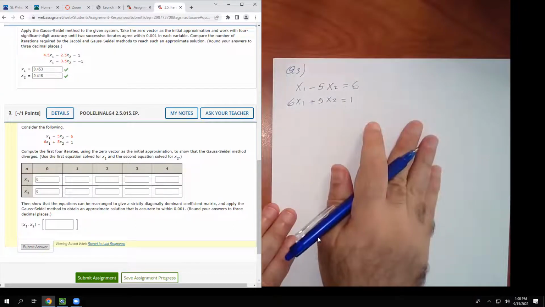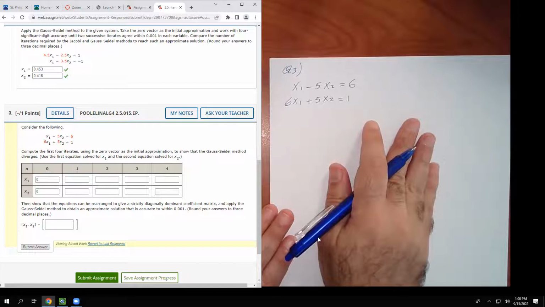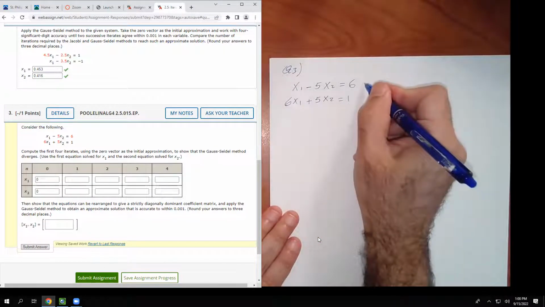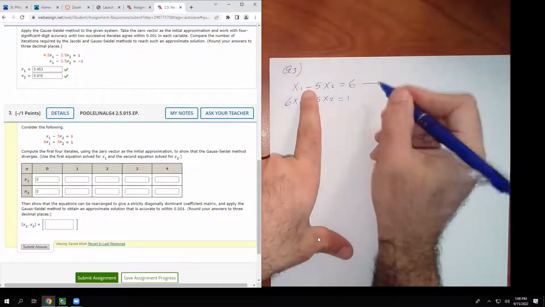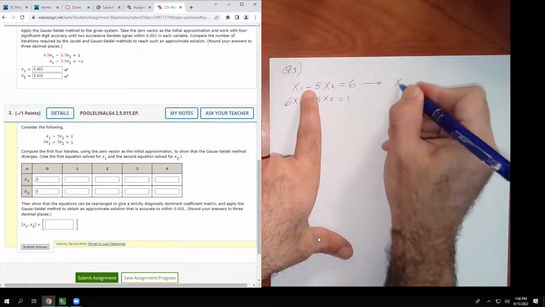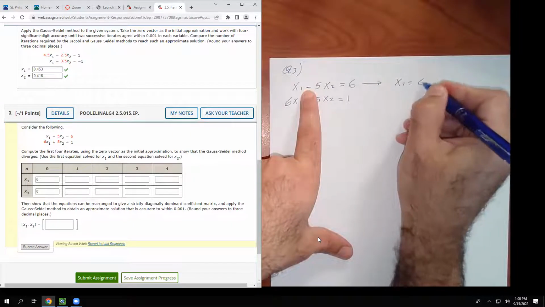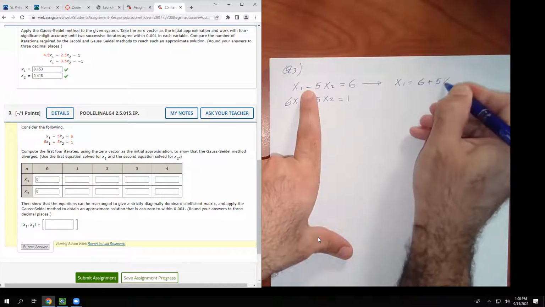It's easy to find the exact solution, but we need to use the Gauss-Seidel method. So I'm going to solve this one for x1. That means move x2 to the other side. So x1 is going to be 6 plus 5x2.